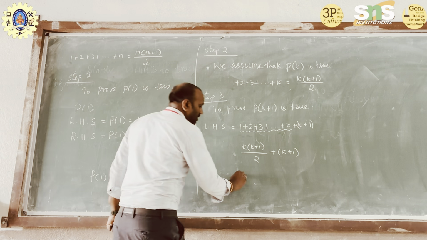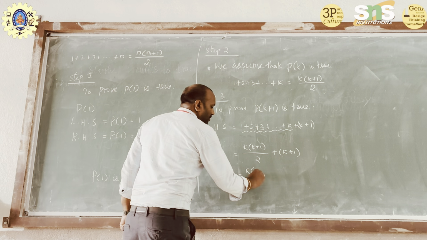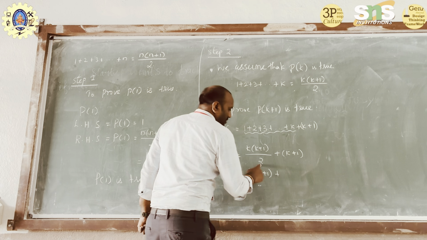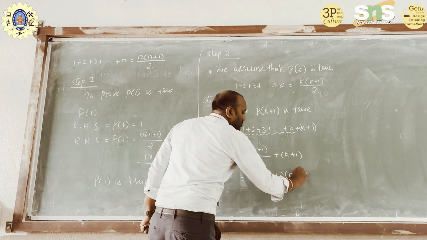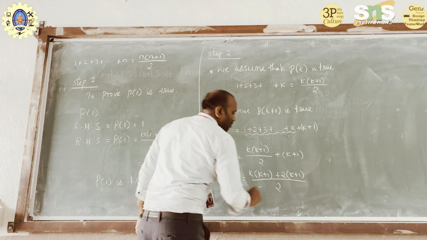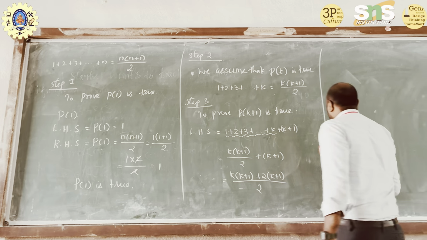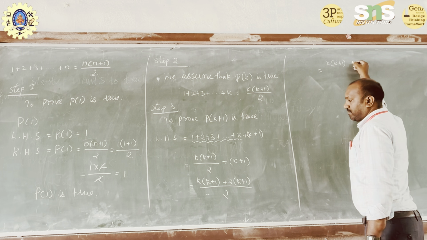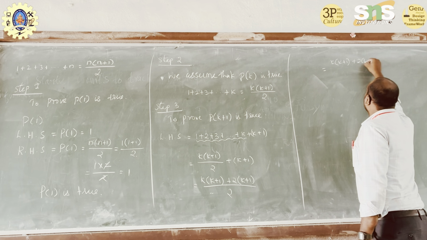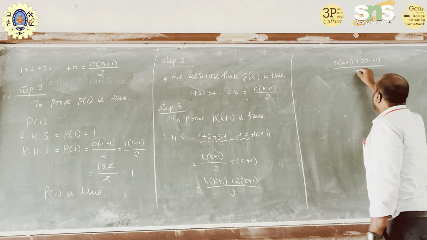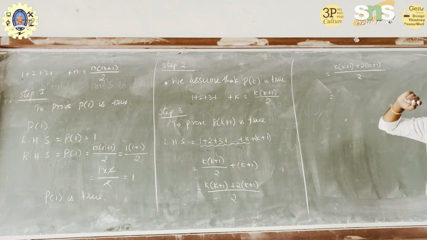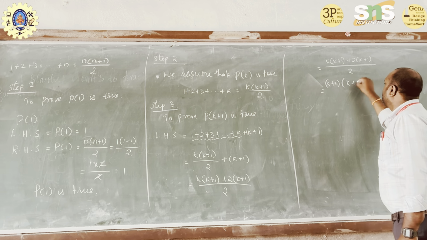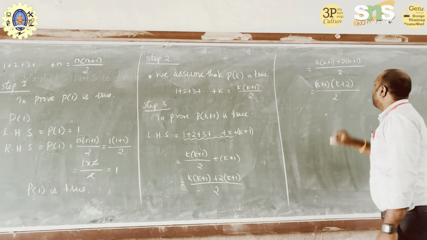Then k into k plus 1 plus 2 into k plus 1, all divided by 2. Here k plus 1 is a common term on both sides. Then we'll take out k plus 1. The remaining term is k plus 2 divided by 2.